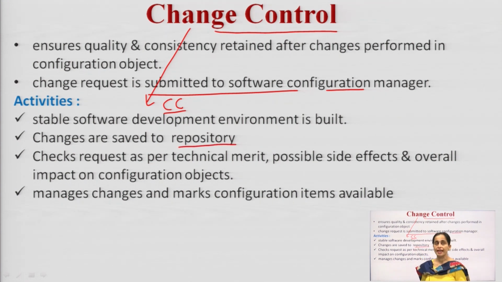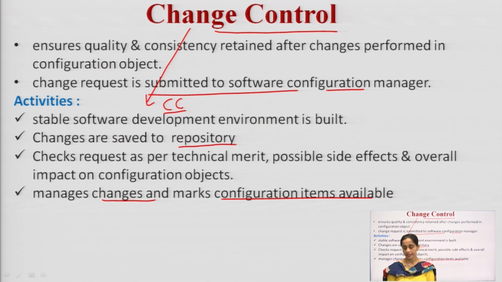Then it checks the request as per the technical merit, what the different possible side effects are and how it is going to impact my configuration objects. Then it manages the different changes and marks the configuration items that are now available. So, this was my third activity.